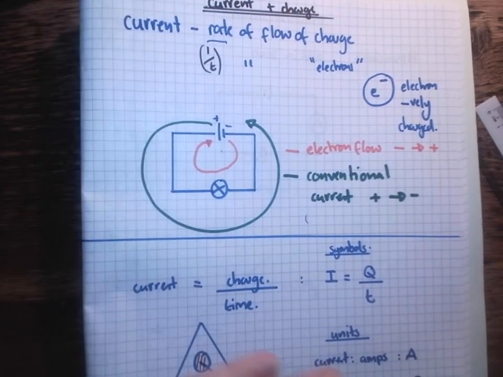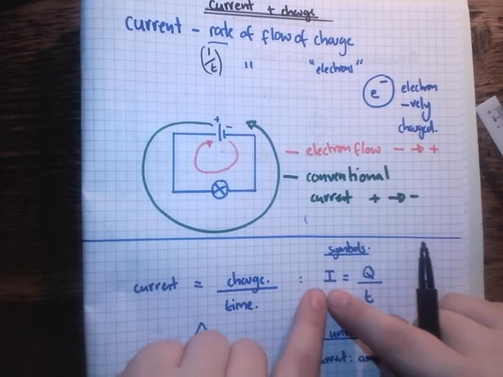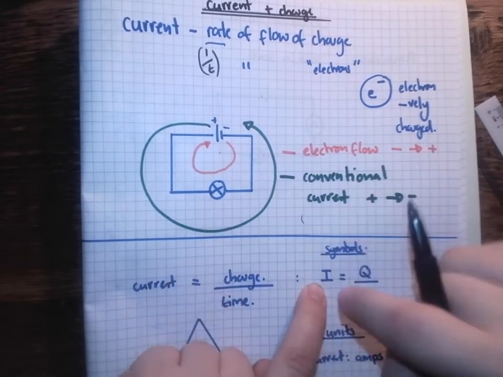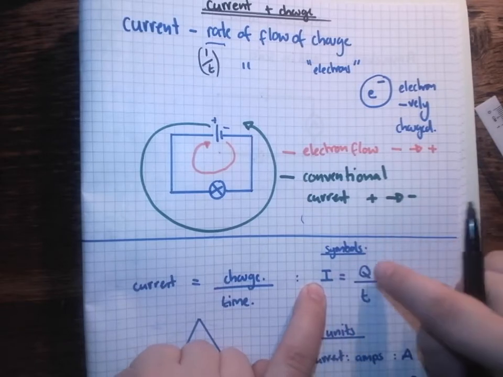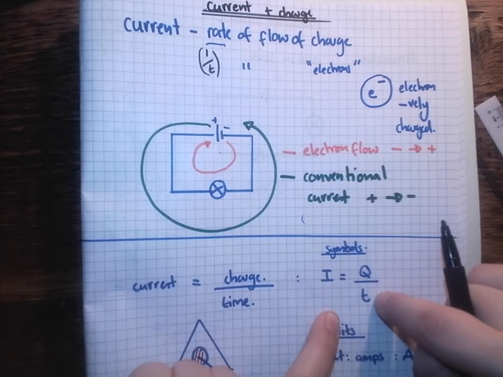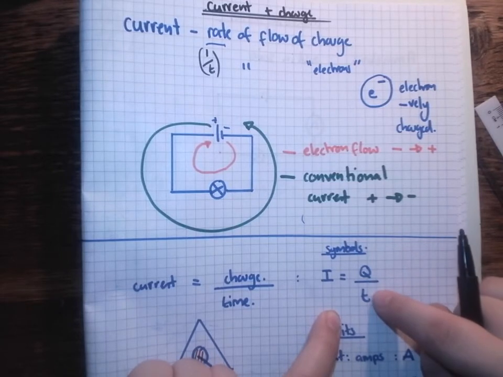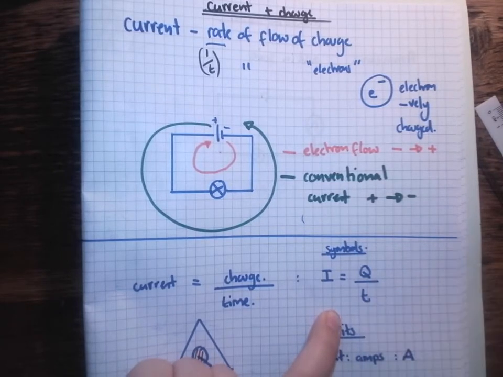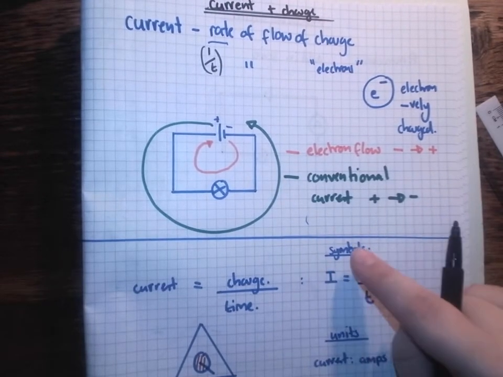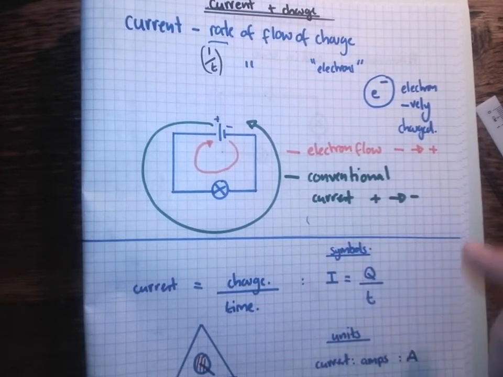In terms of symbols, we use the letter I to represent current. Charge is represented by the letter Q, and time by the letter t, little t. That's the symbol, so I is equal to current.